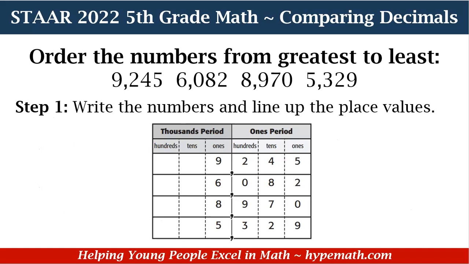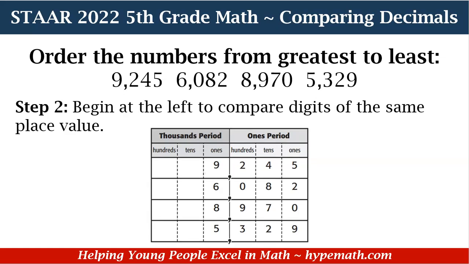So let's look at an example using whole numbers. However, the concept is still the same with decimals. For this list, we are looking to order the numbers from greatest to least. So for our step 1, we are going to write the numbers and line up the place values. Our numbers are 9,245, 6,082, 8,970, and 5,329.